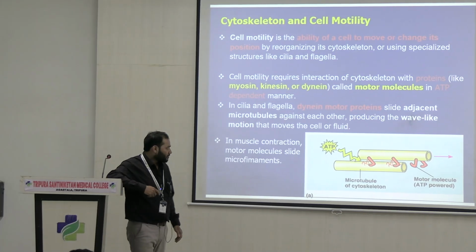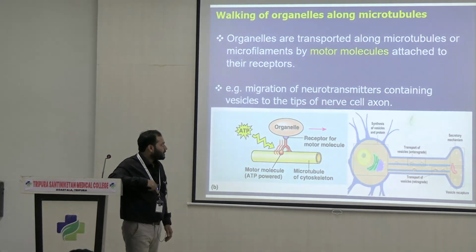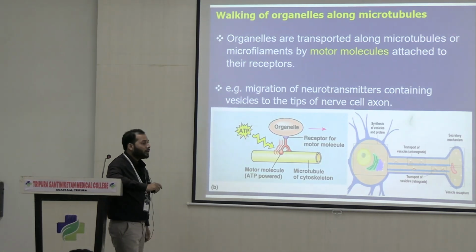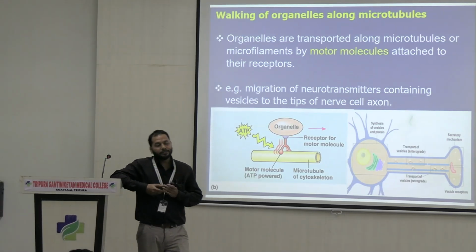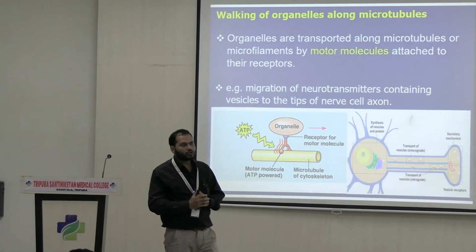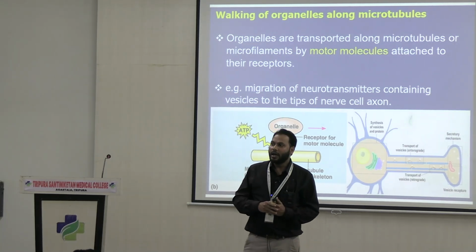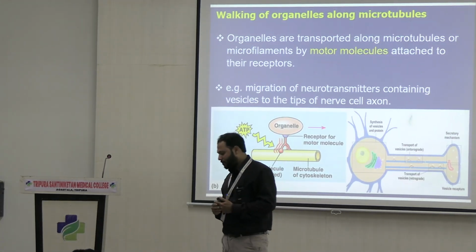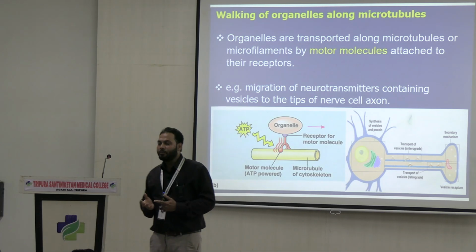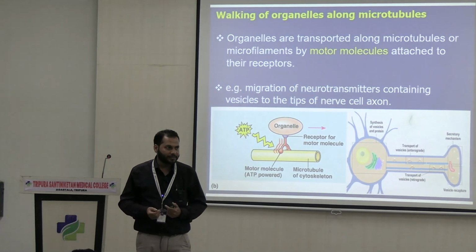Now, see here, as I mentioned, inside the cell cytoplasm there are a number of cell organelles. And based on the necessity of the cell, they can move from one place to a new place.